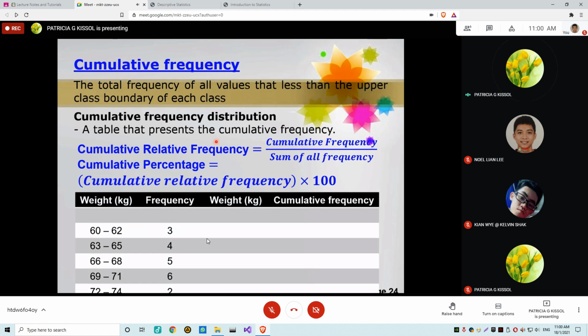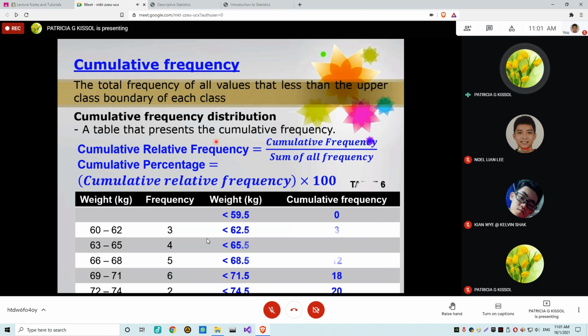If I'm using the same example, the frequency as given to you here, when we want to derive the cumulative frequency, we start off with the lowest class boundary. You can see 60 here, so the lowest is 59.9. That's why we start off with 59.5, which starts with 0.